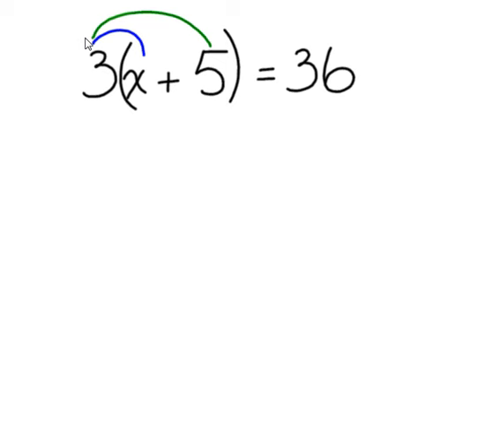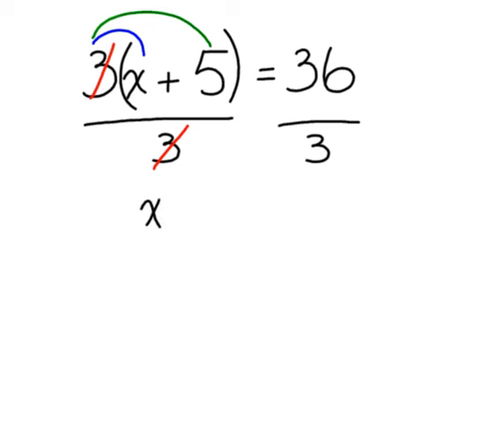Because the x plus 5 is in brackets, we can't do very much with it, so we divide each side by 3 to get rid of that 3 right off the top. What we do to one side, we have to do to the other. Now we have x plus 5 is equal to 12, because 36 divided by 3 is 12.